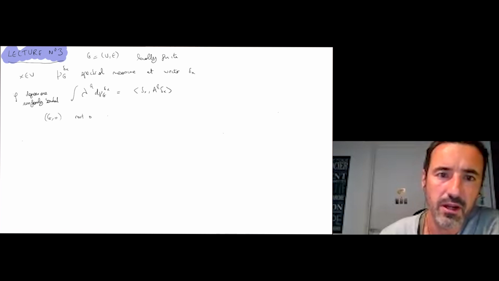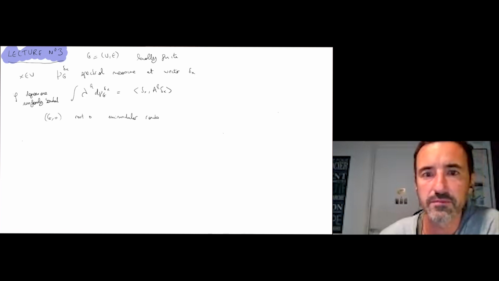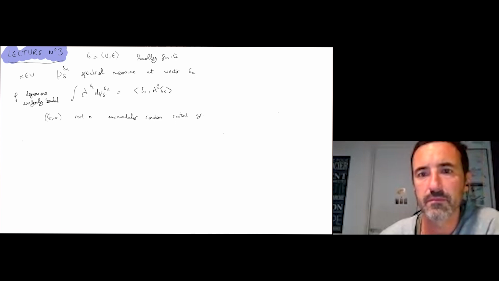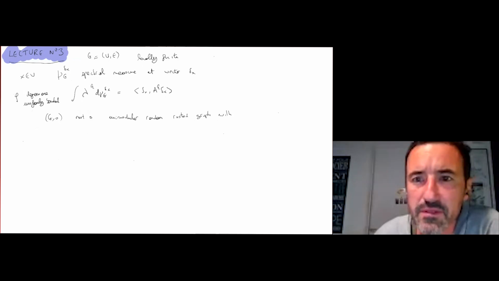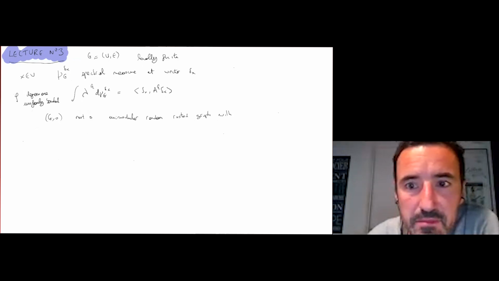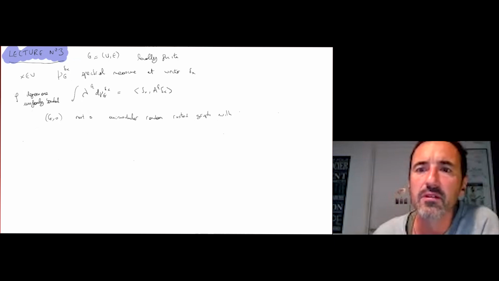It's a random rooted graph, which is unimodular. Unimodular random rooted graph with law rho.